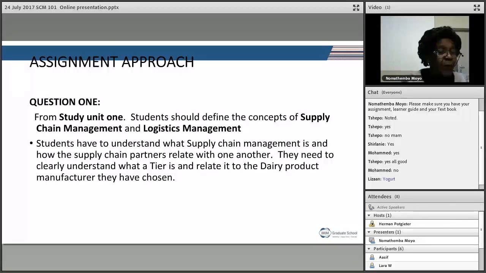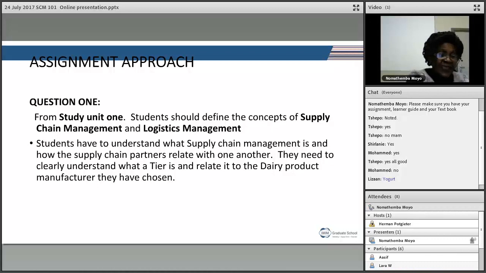1.3, compile a supply chain for your chosen organization using the figure below. Indicate 1, 2 examples of suppliers from any tier. Okay, for instance, you have your focal organization, which is making yogurt. Who supplies you with what?